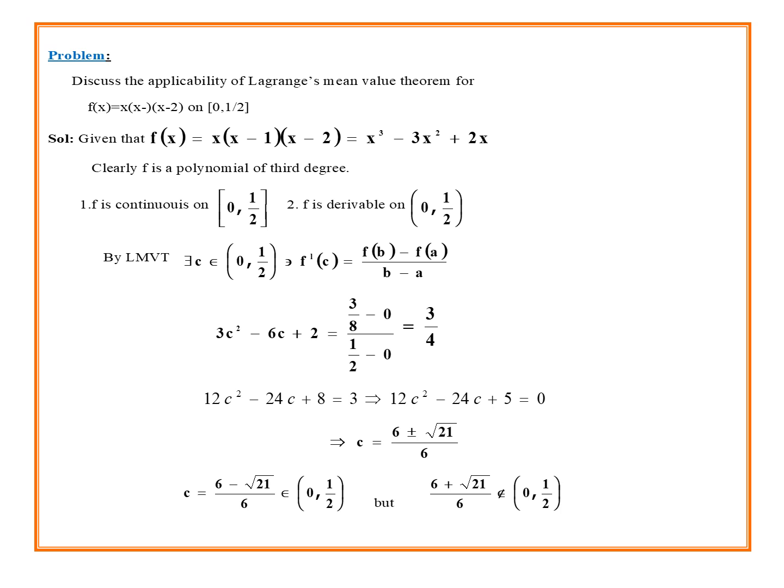We use the formula (-b ± √(b² - 4ac))/2a. From this we get c = (6 ± √21)/6. We have two roots here: (6 - √21)/6 belongs to (0, 1/2), but (6 + √21)/6 does not belong to (0, 1/2). So clearly here Lagrange's mean value theorem is not satisfied by the given polynomial function.